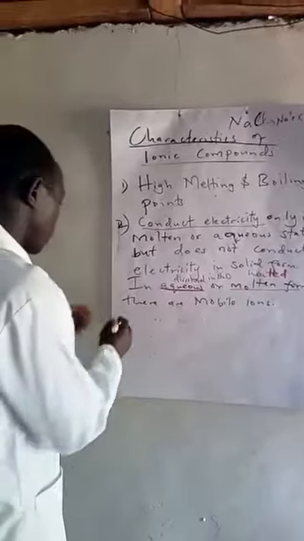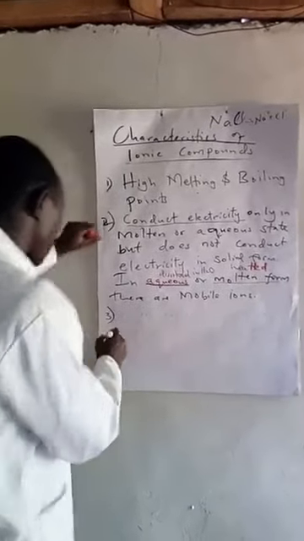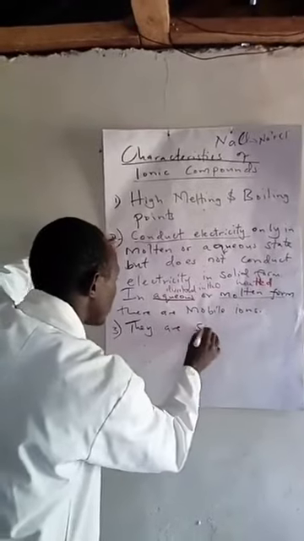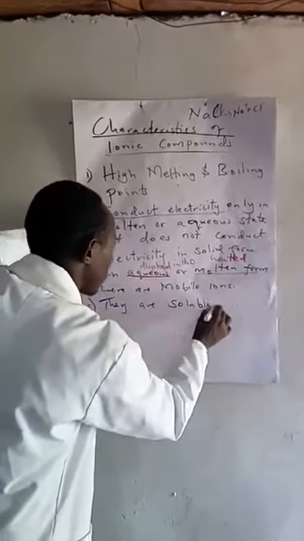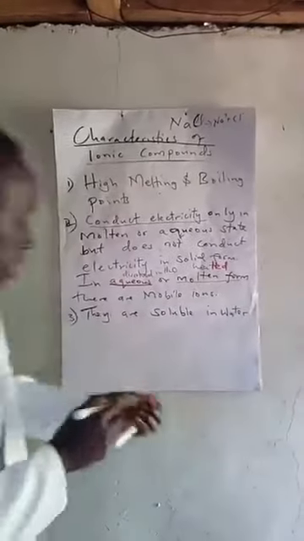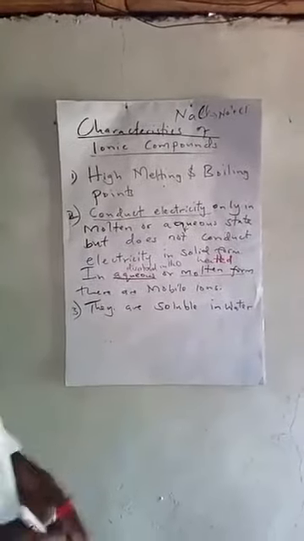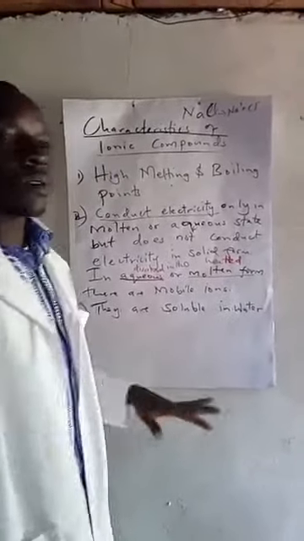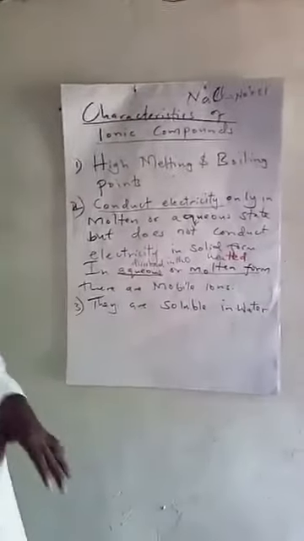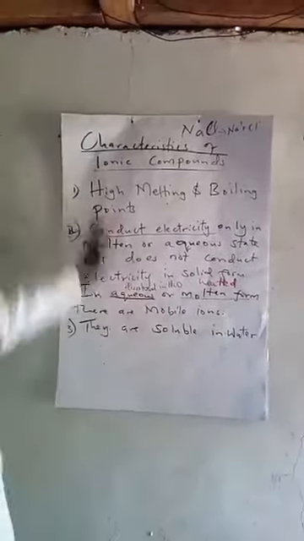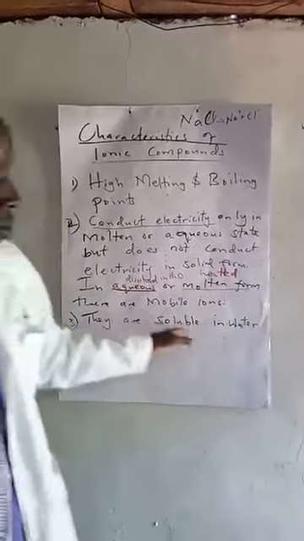Number three is that they are soluble in water. These ionic compounds are soluble in water. Sodium oxide, sodium chloride, potassium oxide, potassium chloride, ammonium phosphate, aluminium oxide, all of them are able to dissolve in water.